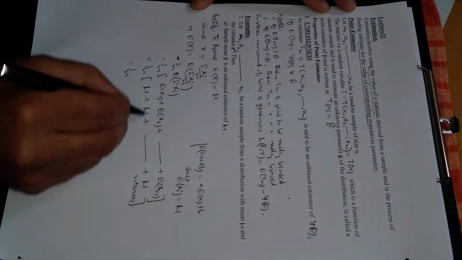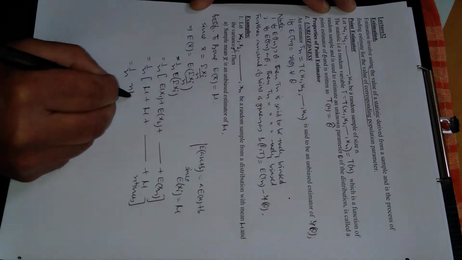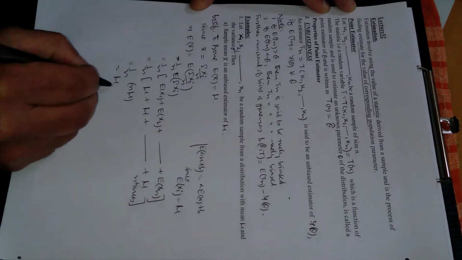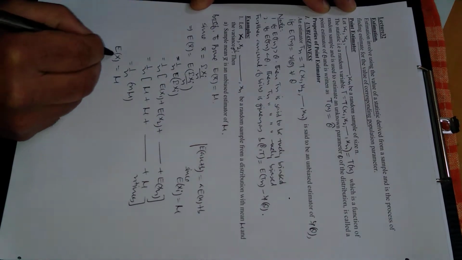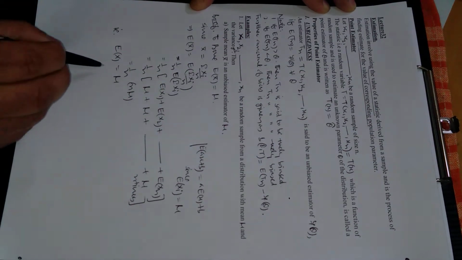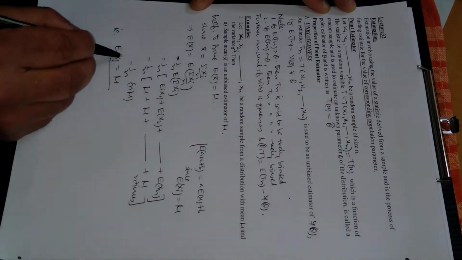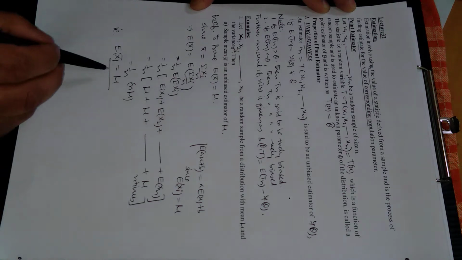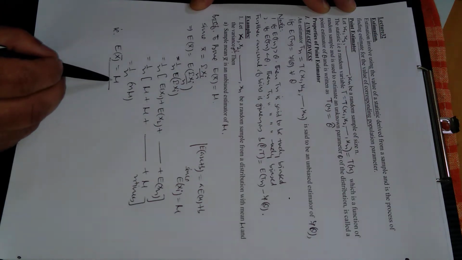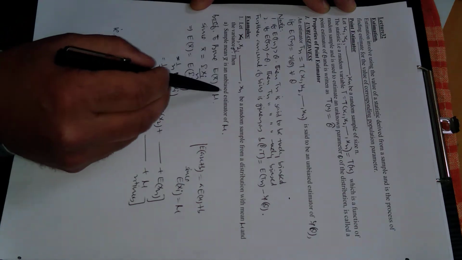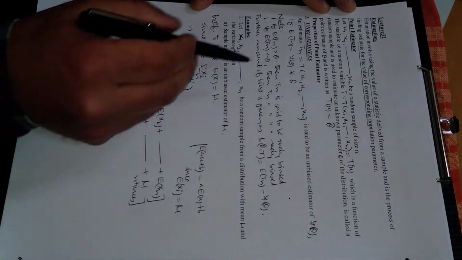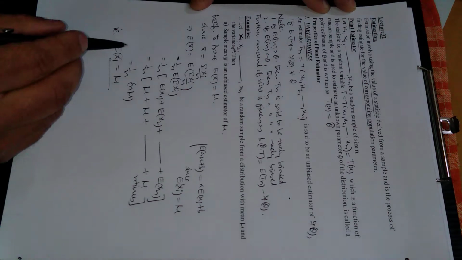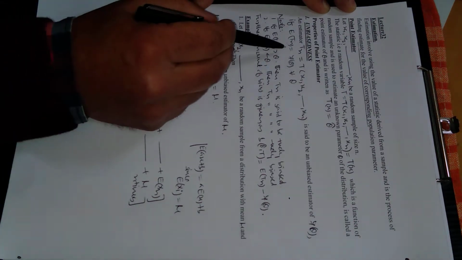Adding these, this is n times mu, n cancels, this is equal to mu. So the expected value of sample mean is equal to the mean of the population. This is what we want to prove. If E of x bar is equal to mu, that means sample mean x bar is an unbiased estimator of mu because of this relation, right? Because of this one.